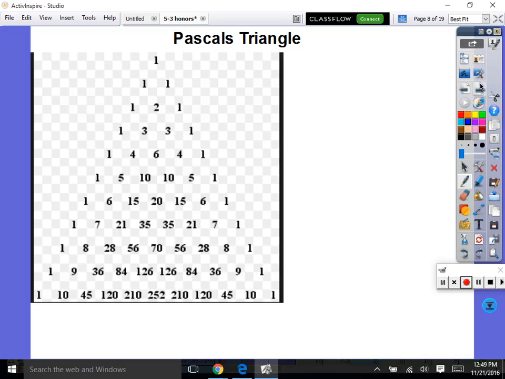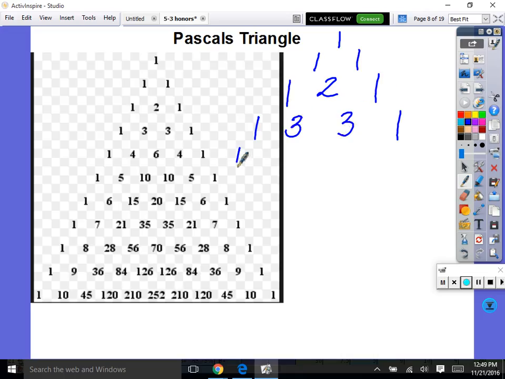So we start out with 1 on top. Now, the ends are always 1. Now you add up the ones above it. So the next row will have a 1 and a 1. What's 1 plus 1? 2. Does everybody see how I got that? So look, there's 1 term, 2 terms, 3 terms. The next one will be 4 terms. I put my 1s in. 1 plus 2 is 3. 2 plus 1 is 3.